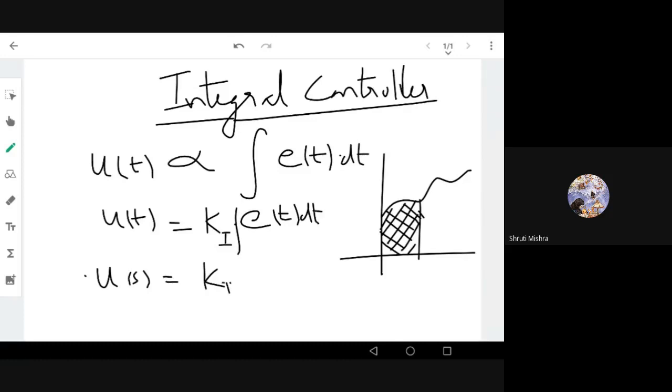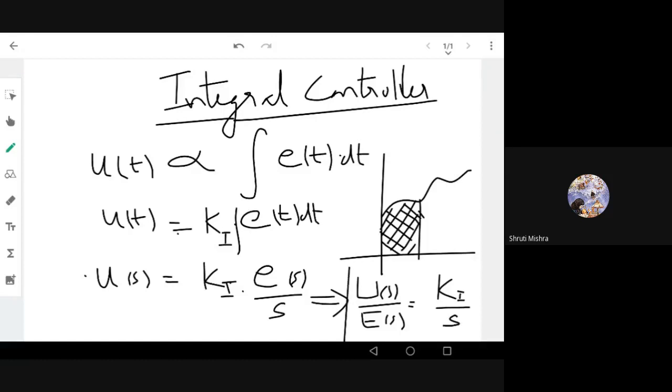If I take the Laplace transform, the integral becomes E(s) divided by s. So what about the transfer function? The transfer function is the output of the controller divided by the error in Laplace transform. That is nothing but ki divided by s. This is the transfer function of an integral controller, ki by s.